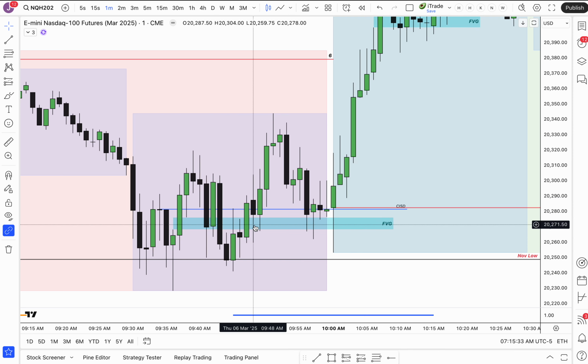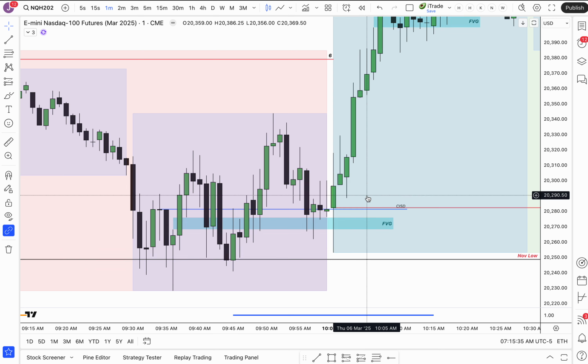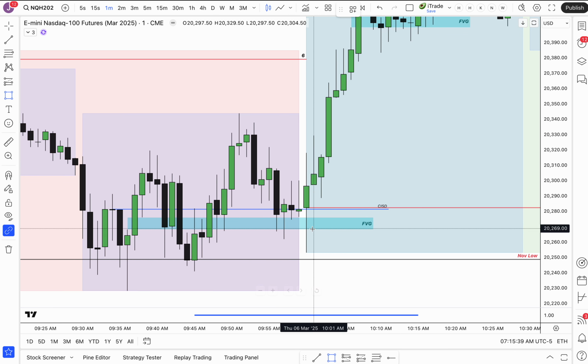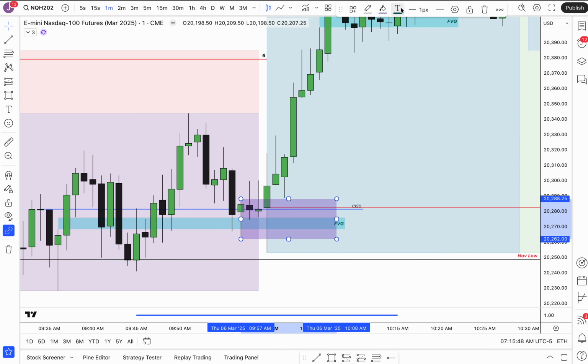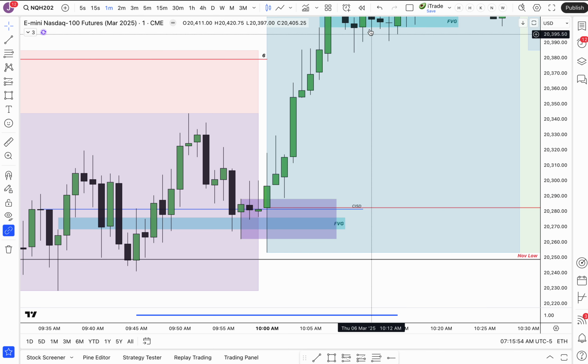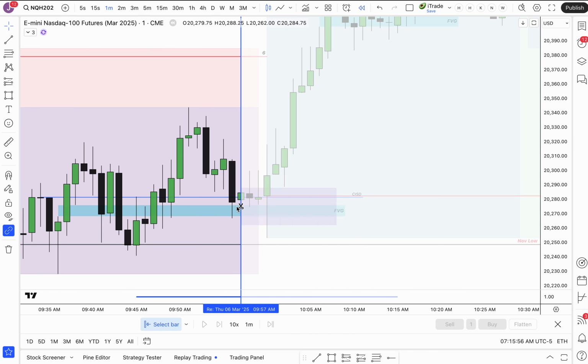And then we just kind of chop around, but look what happens once we start to distribute. We take a low here at 10, we close above this candle, okay? And if you zoom in, this makes sense because in a lower time frame, this is the same reversal model.